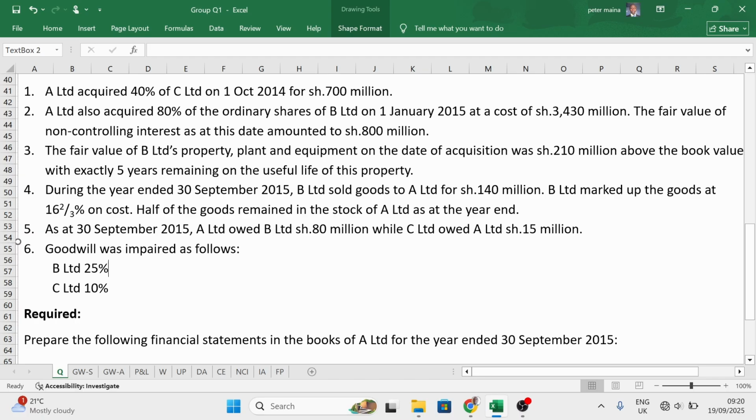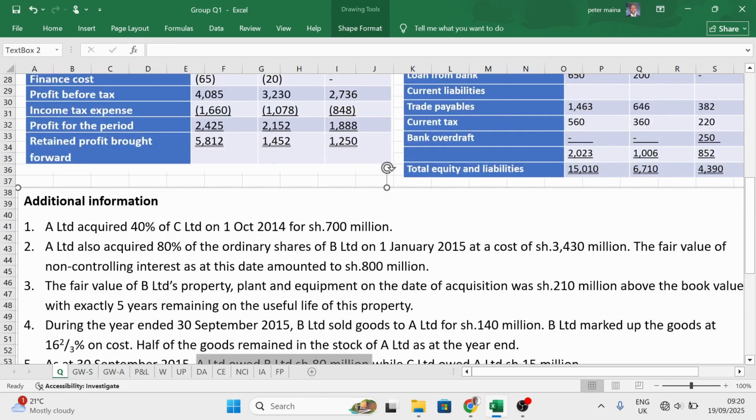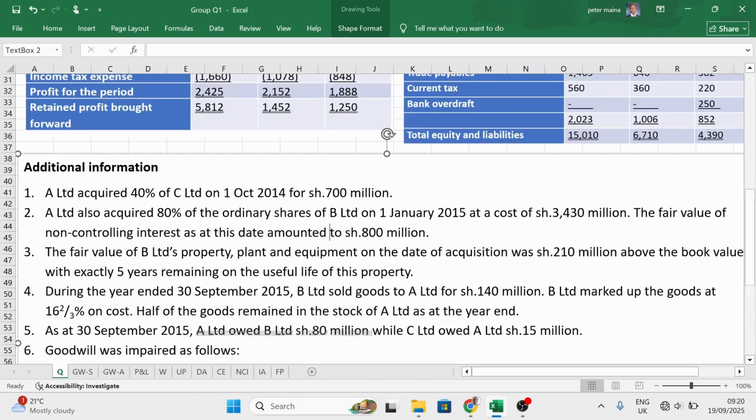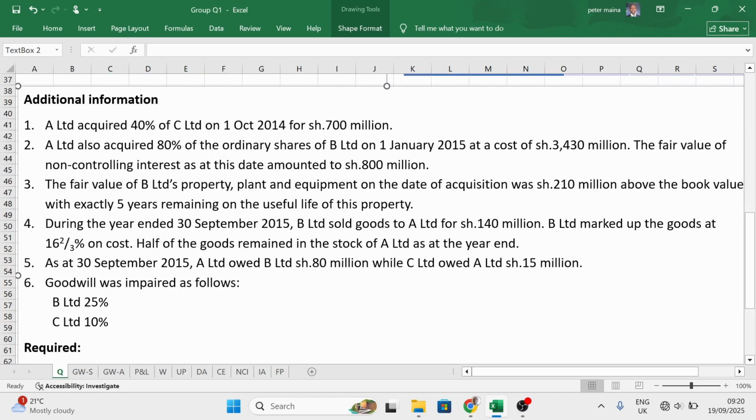So in this case, A Limited owed B Limited 80 million, and B Limited according to point number 2 was acquired 80%, which means that is the subsidiary. So you're going to make the adjustment between A and B Limited, but C Limited owed A 15 million. C Limited is an associate. We are not going to make any adjustment for the associate.